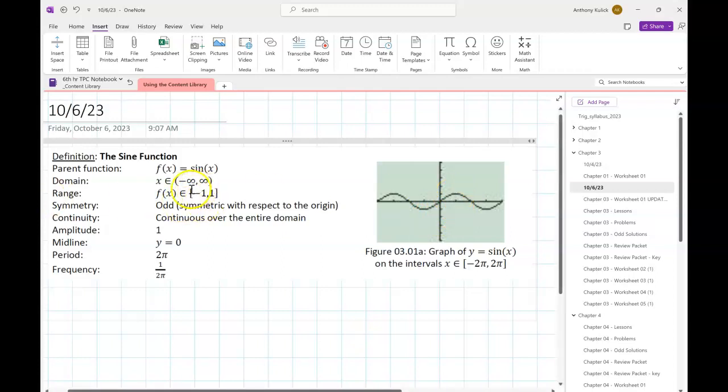Why am I using a bracket there instead of a parenthesis on the ones? It's because there's a point that has the y-coordinate -1, right?